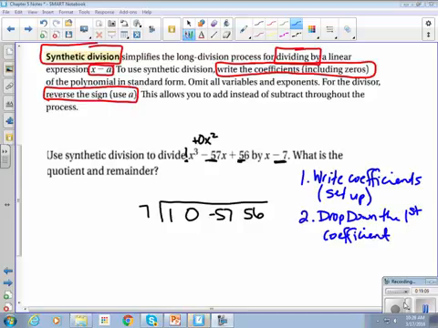So I'm going to drop down 1. Step number 3, multiply.